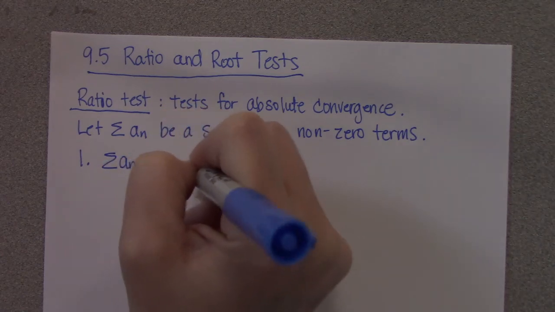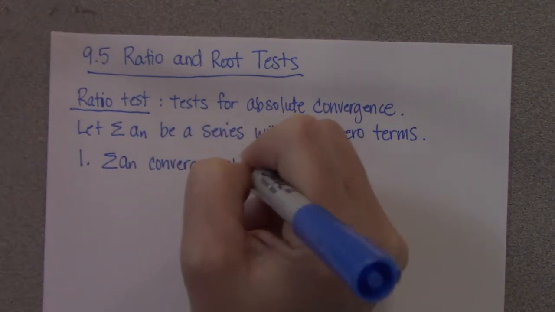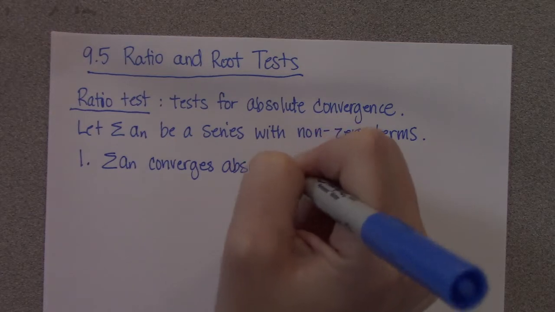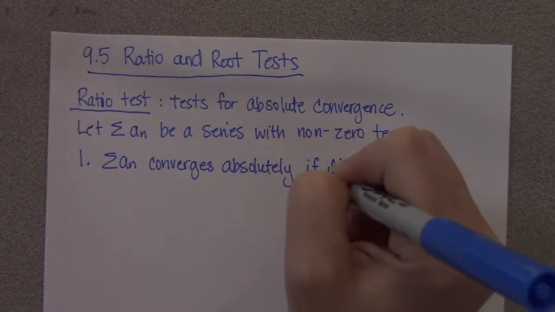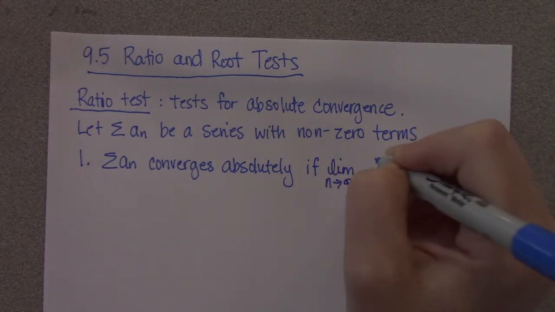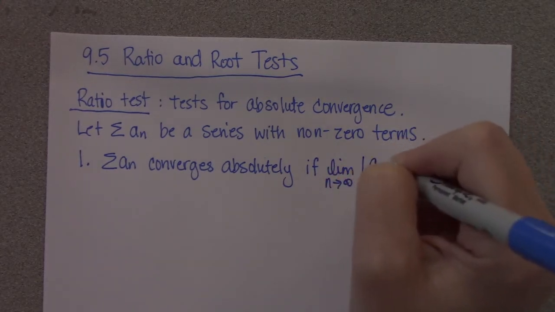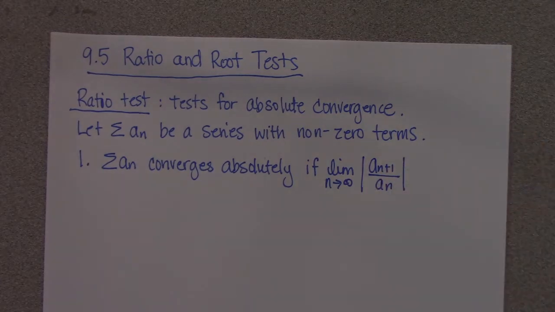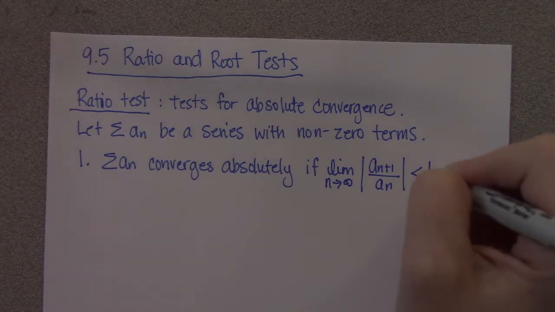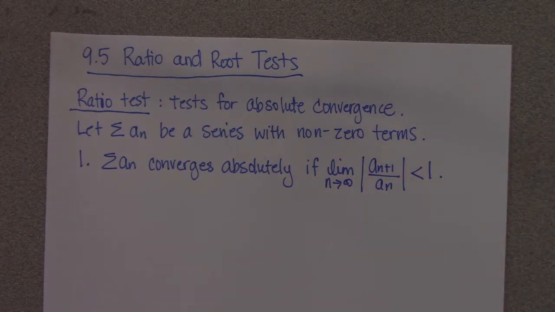The series converges absolutely if the limit as n goes to infinity of the absolute value of a sub n plus 1 over a sub n is less than 1.